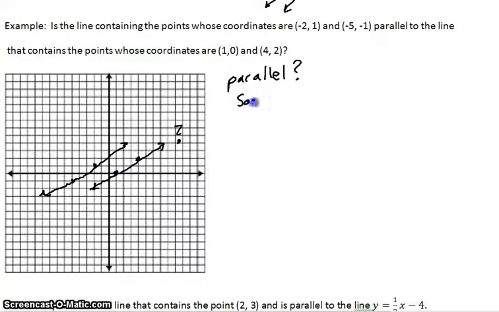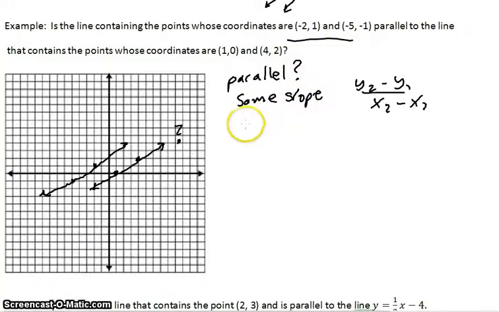Well, if they are, they have to have the same slope, and we have a way to find the slope. The way that we find slope is right here. So let's see if we have the same slope here. I'm going to find the slope of these two points. So -1 minus 1 over -5 minus a -2.